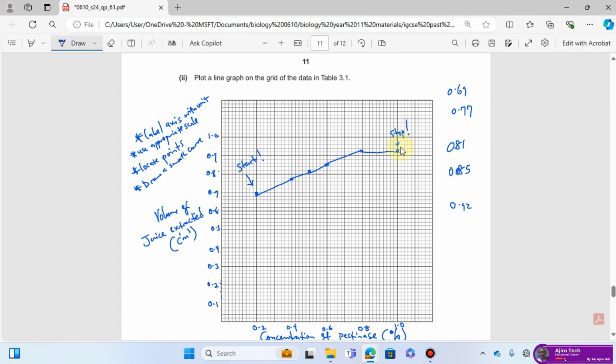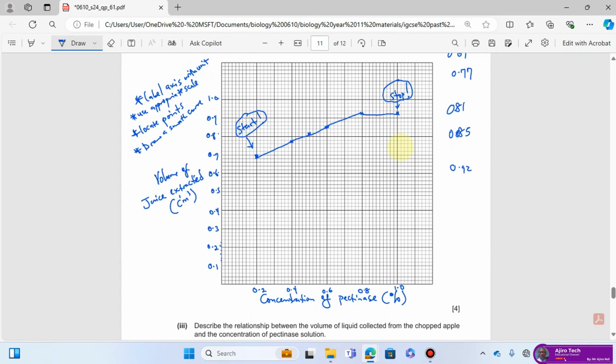Do not start from 0 if the unit doesn't start from 0. These are some details in getting your mark. So you start where it starts and stop at the last point. All right, and you join the curve smoothly. You can use freehand or you use your ruler to connect one point to another. And of course, this here is showing that it's constant between 0.8 and 1.0.